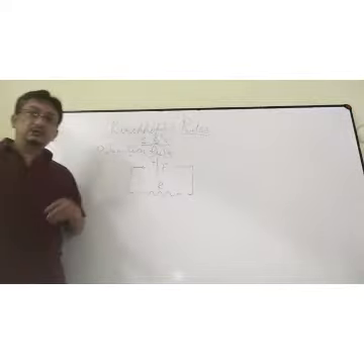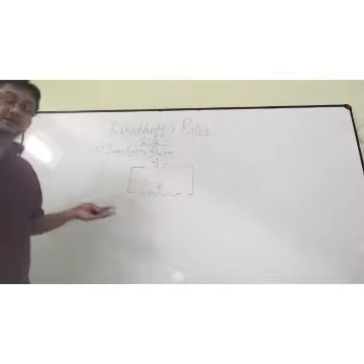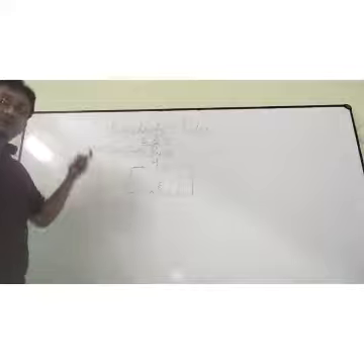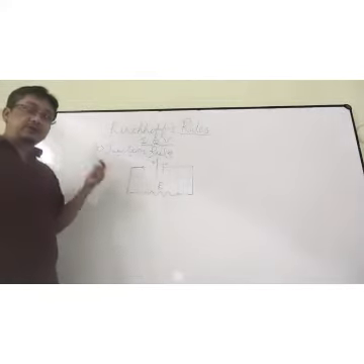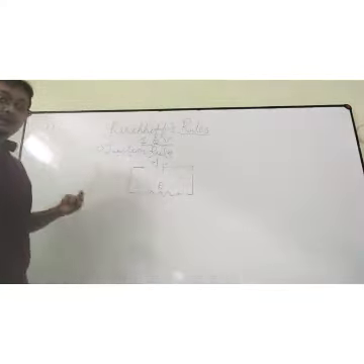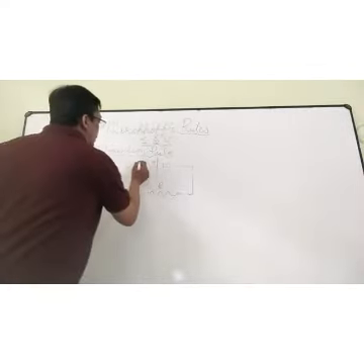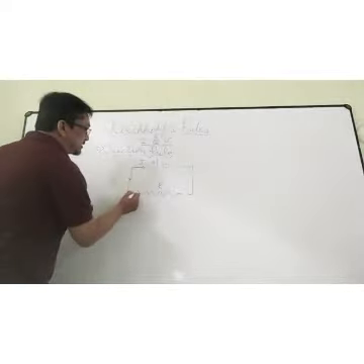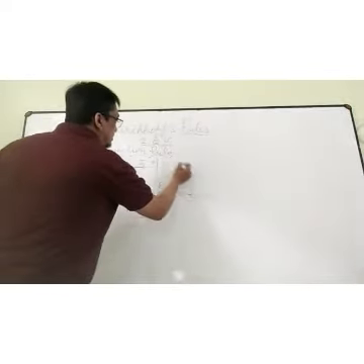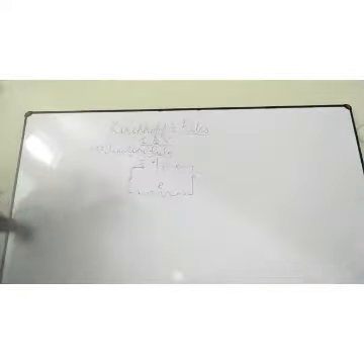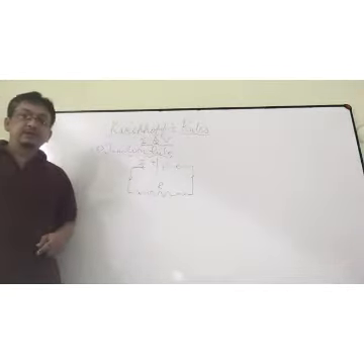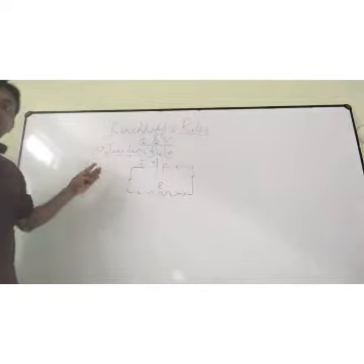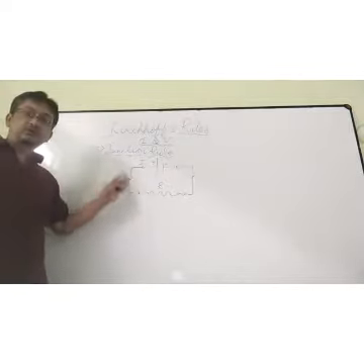When you show the current flow in any circuit, you have to use an arrow. The direction of the arrow is from the positive terminal to the negative, from anode to cathode. So suppose current I is flowing in this circuit, then we can show it like this, and this, and this. Okay. So this is the closed circuit, and current I is flowing from anode to cathode.